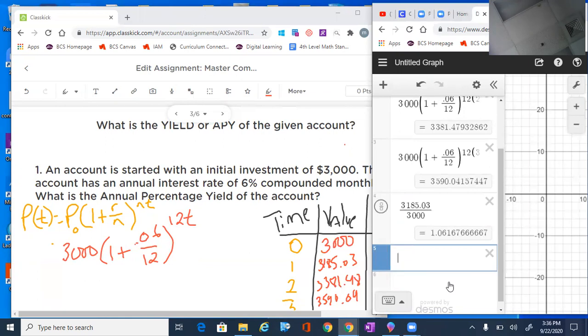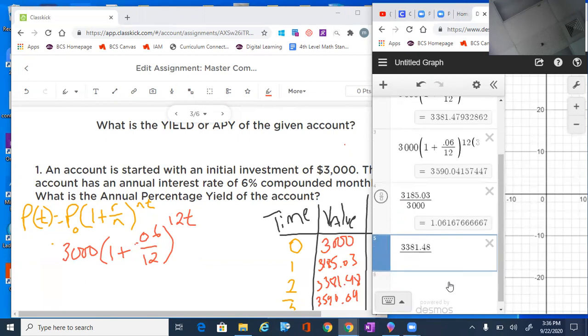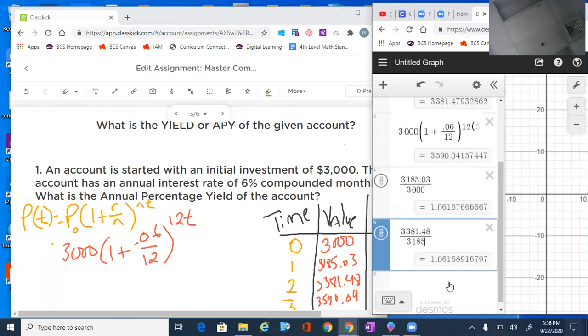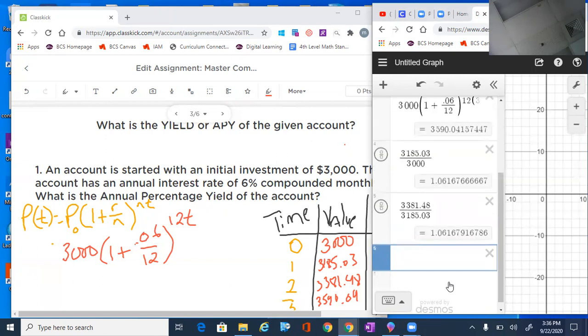I'm just going to make a list real quick. 3,381.48, and I'm going to divide that by the one right before it, $3,185.03. So the first one is the rate of the first year. The second one is the rate between the first and the second year. And let's go for the rate between the second and the third year.